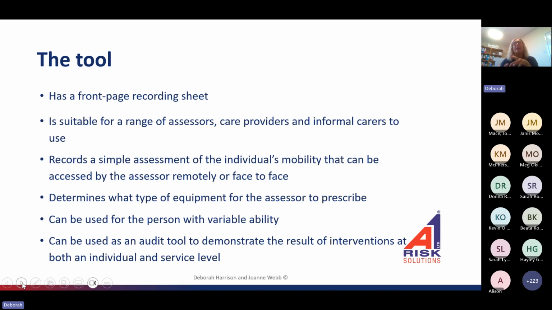The assessment is carried out on a minute-to-minute basis by the caregiver. The caregiver could take a photograph of the front page and send it to the OT. The OT could look and say, okay, I can see from that tool that they now need a different piece of equipment, and I'll order it.